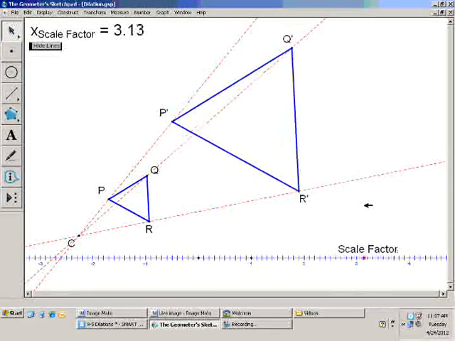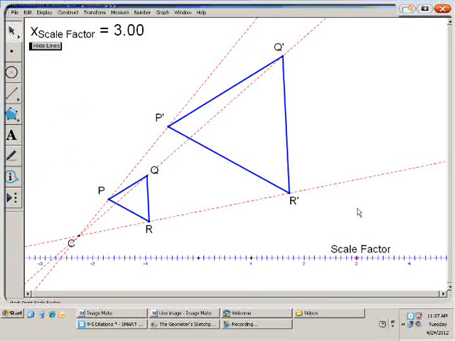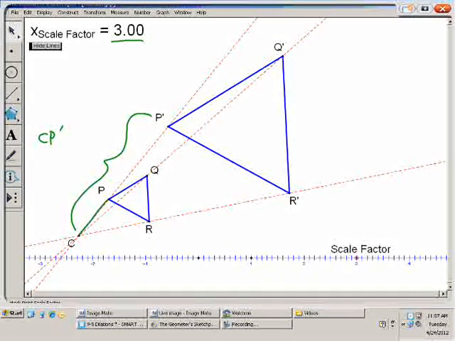Another important thing to point out is if I took the length CP, measured it, and multiplied it by the scale factor, I would get this length, which is actually how you would do it by hand. I would take CP, multiply by our scale factor, and I would get the length of CP prime. So CP prime is equal to n times CP.